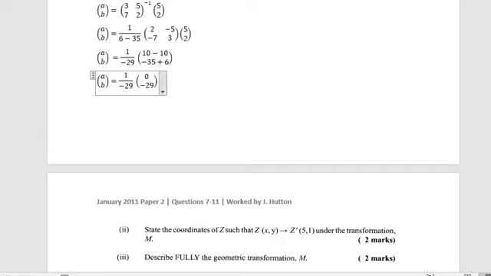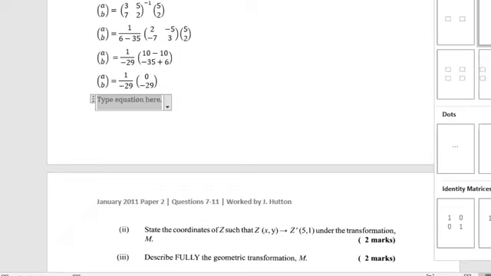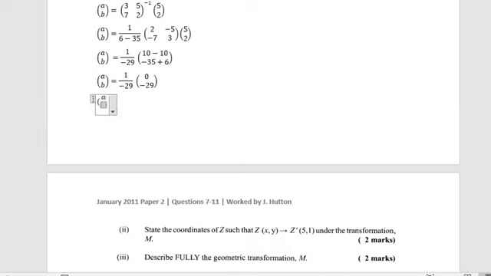And therefore, when I now do the multiplication of 1 over minus 29 times 0 and minus 29, what we'll get for the answers is 0 and 1.